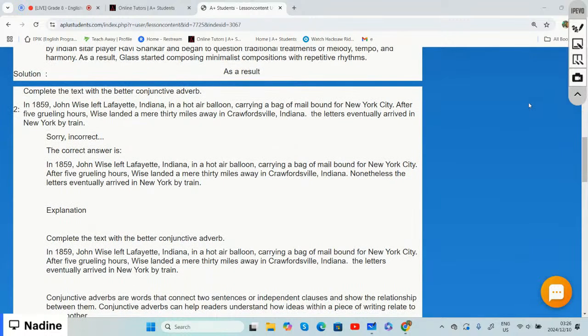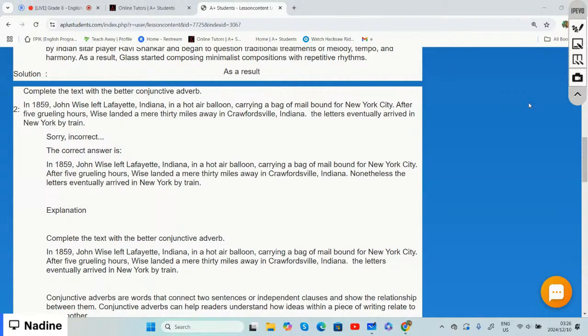All right. So it says in 1859, John Wise left Lafayette, Indiana in a hot air balloon, carrying a bag of mail bound for New York City.